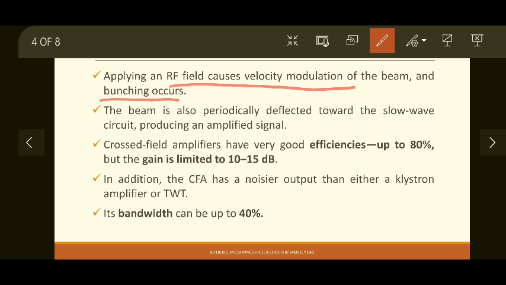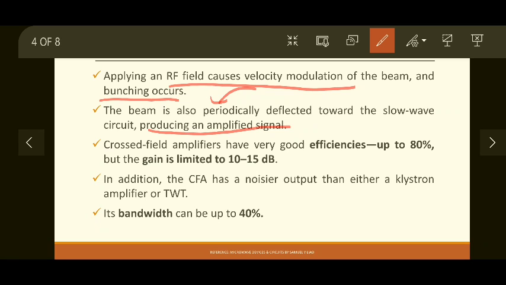The beam is also periodically deflected towards the slow wave circuit. So velocity modulation causes a current modulation, and that energy is transferred back into the RF input, producing an amplified signal.